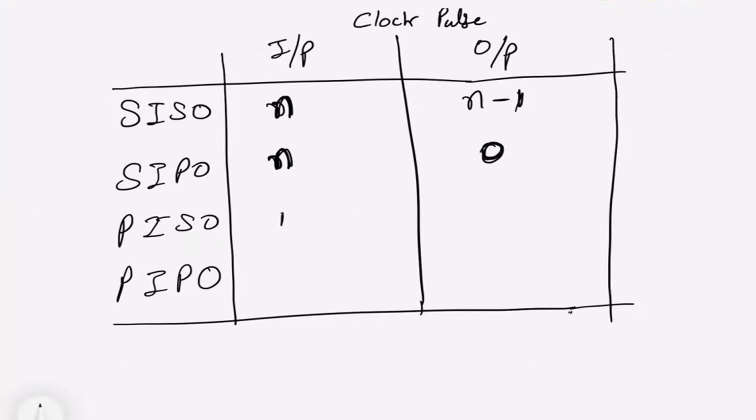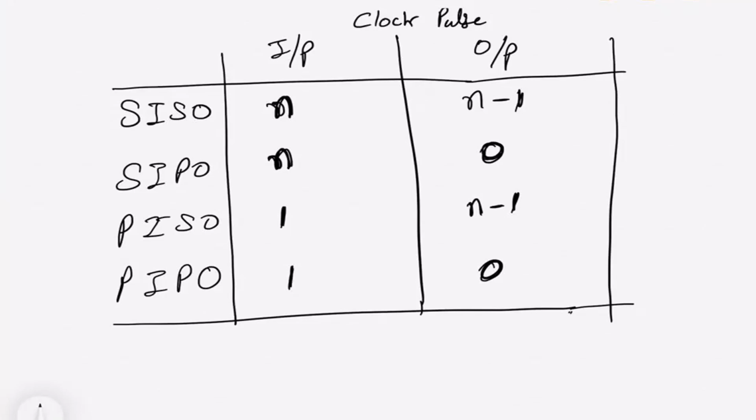When we talk about PISO, we need 1 clock pulse for storing that data, n bit data, and we need n minus 1 clock pulse for retrieving that data. If we talk about PIPO, we need 1 clock pulse for storing n bit data, and we need no clock pulse for retrieving that data.